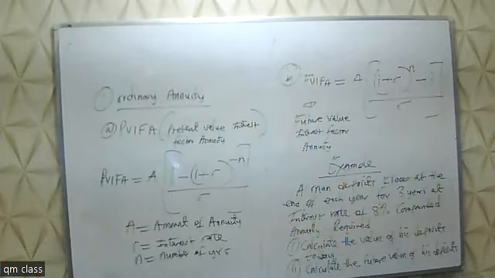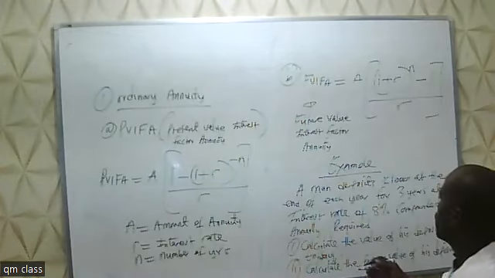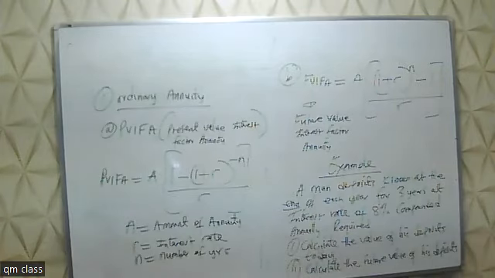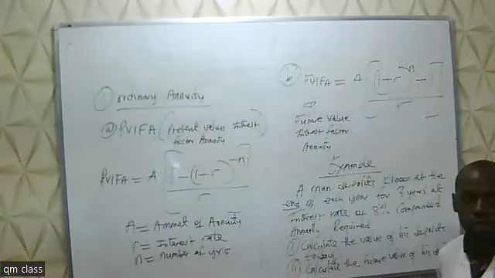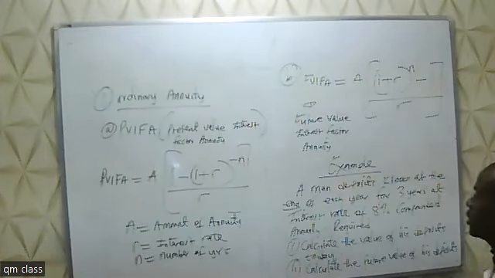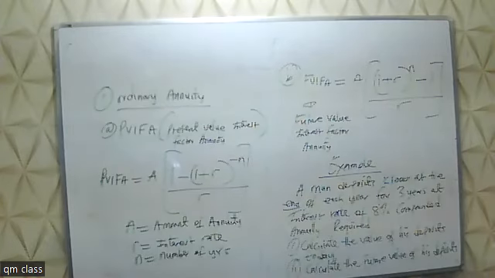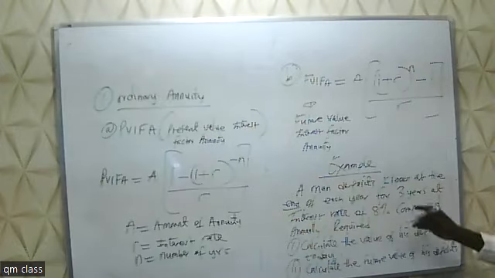It's an ordinary annuity because he's making a deposit of 1,000 at the end of each year, for how many years? For 3 years. So it's an ordinary annuity. So when they say calculate the present value of his deposits today, they want you to find the present value interest factor of an annuity. And when they ask for the future value of his deposits, they want you to go for that one.